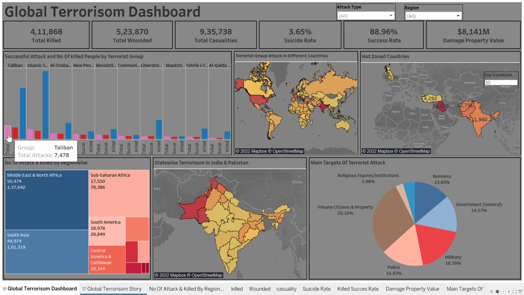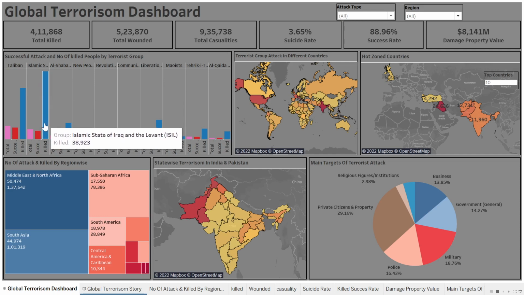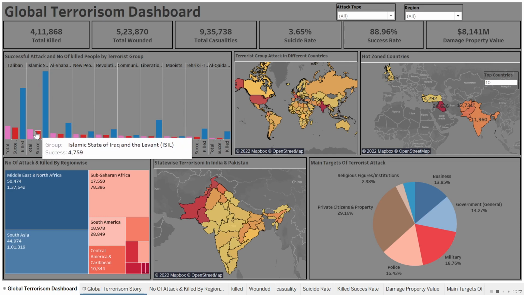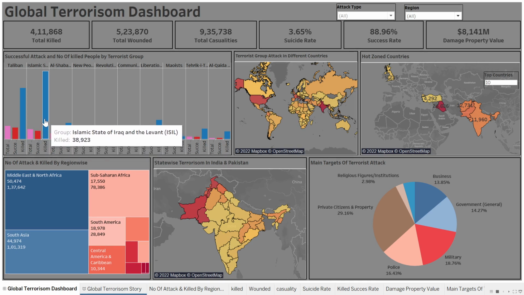The Taliban group's attacks were 7478, of which 6680 were successful, and a huge number of people were killed by the Taliban, almost 29,410. ISIL also had 5613 total attacks and 4759 successful attacks, almost the same success rate, and a huge number of people killed.